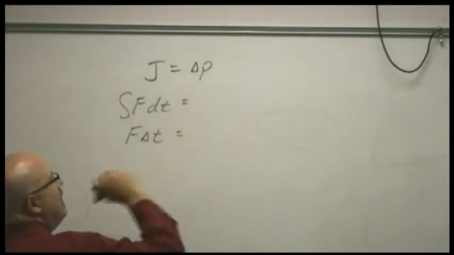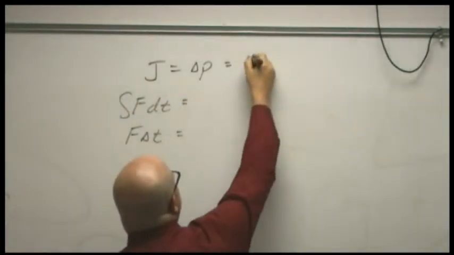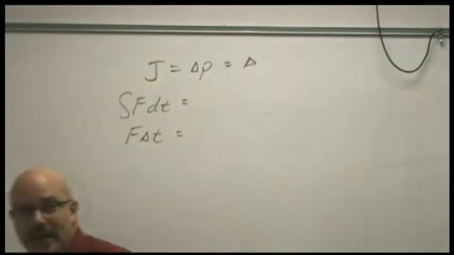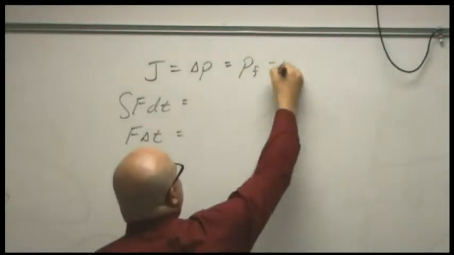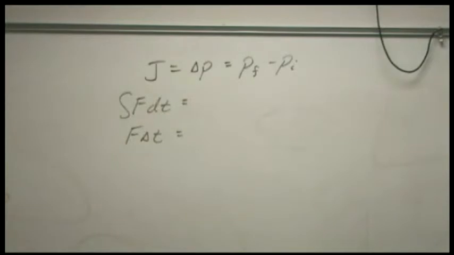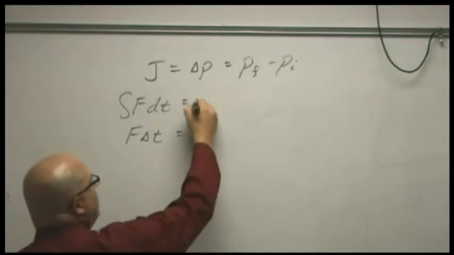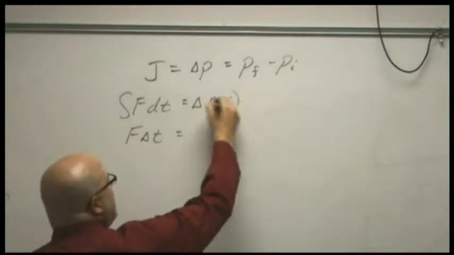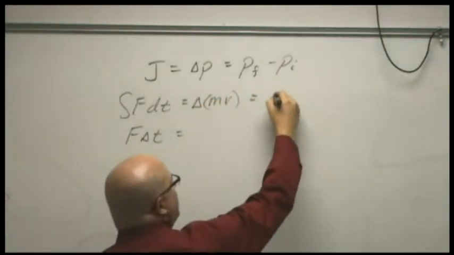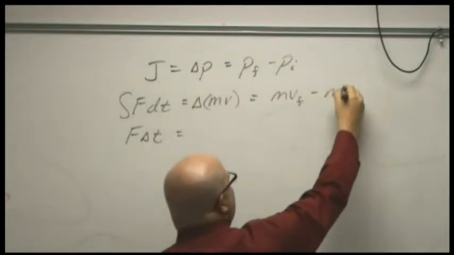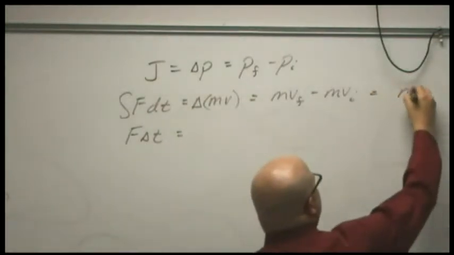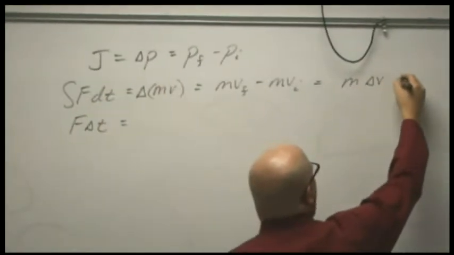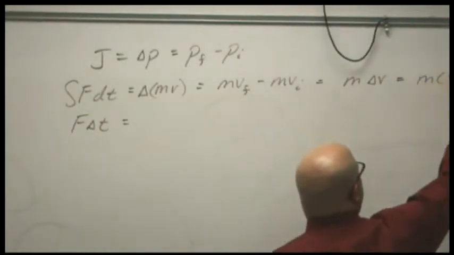On the other side of the equation, what does change literally mean mathematically? Final minus initial. Or you might see it this way, delta mv, which literally means mv final minus mv initial. But if the mass stays constant in the problem, then you'll see it as m delta v, or perhaps m times (v final minus v initial).